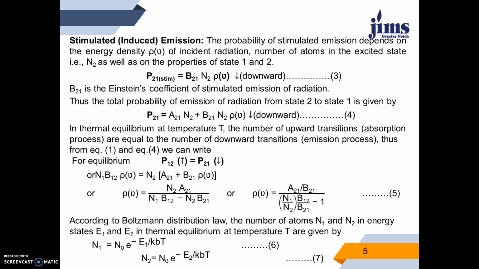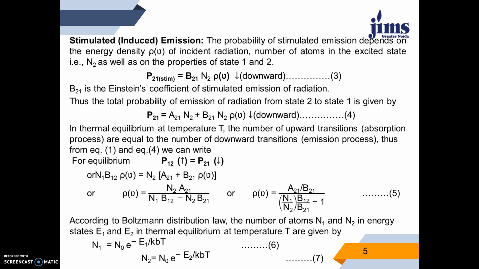So P21 is equal to A21 N2 plus B21 N2 rho nu. This is the total probability of emission of radiation from state 2 to state 1, represented by equation number 4. Now, in thermal equilibrium at temperature T, the number of upward transitions, meaning the absorption process, is equal to the number of downward transitions, meaning the emission process.